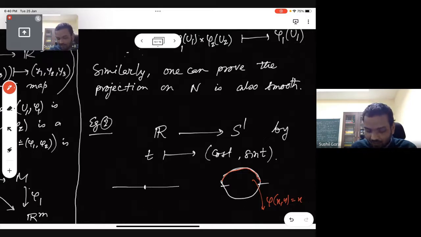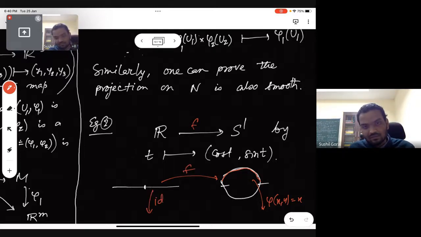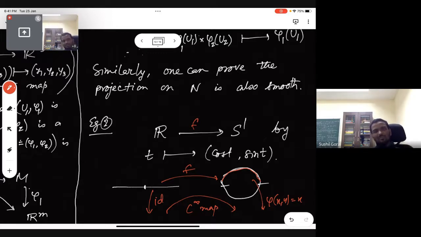Similar things. Then this is the map, let's say f, and you compose, and here it is just identity. You want to look at this map, which is smooth, simply a smooth map. There is nothing to prove, so check yourself that this is smooth.